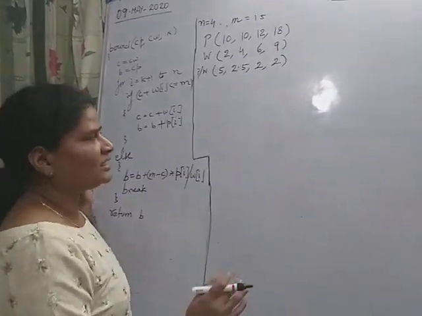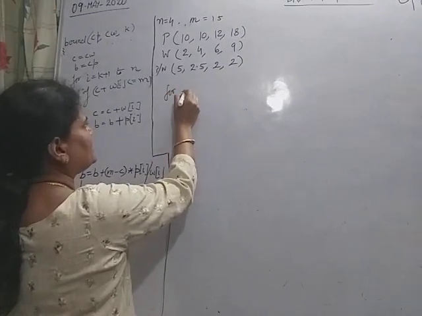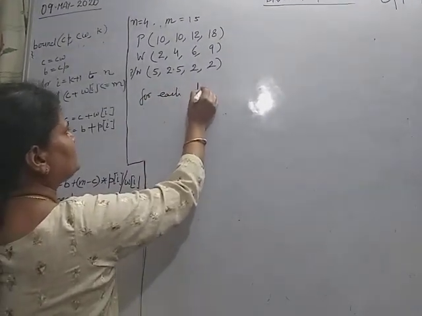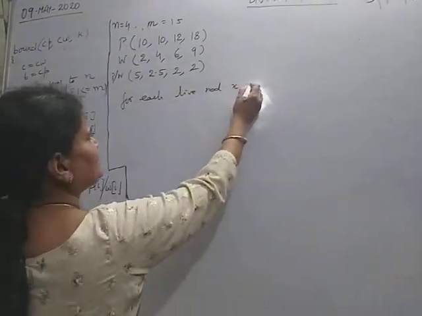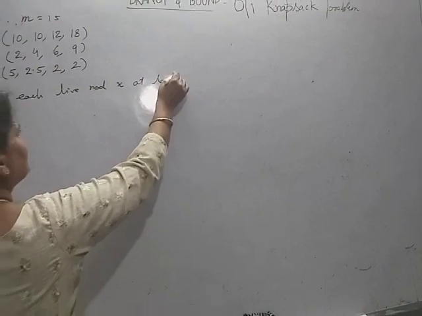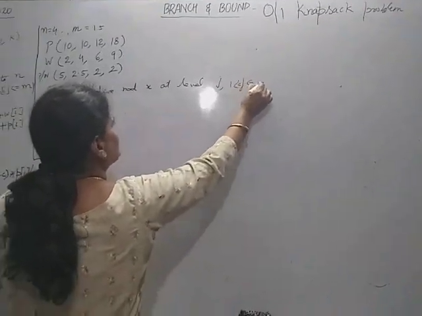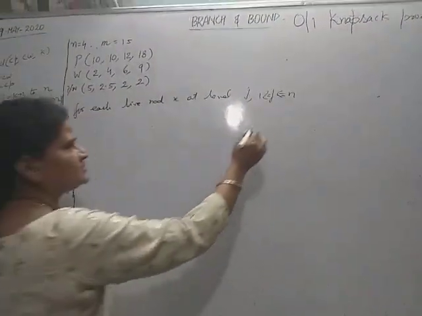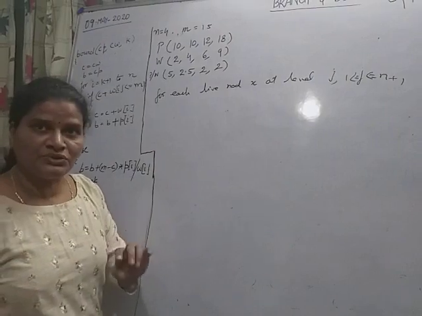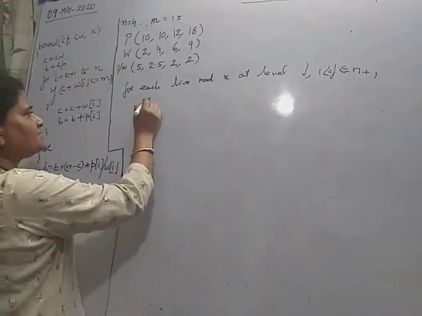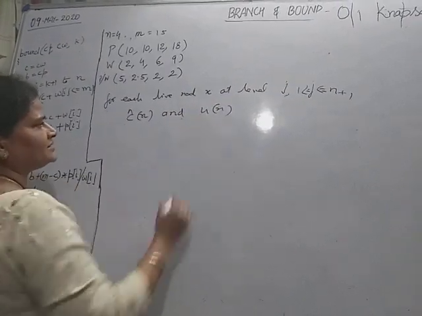So now, first step: for each live node X at level j, where j is greater than or equal to 1 and less than or equal to n plus 1, we have to compute two functions, C cap X and U X.